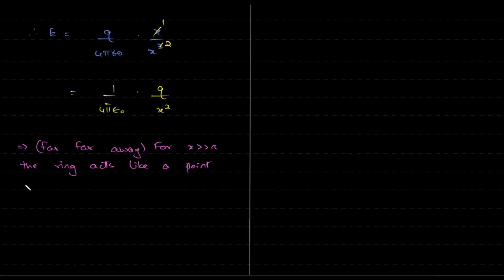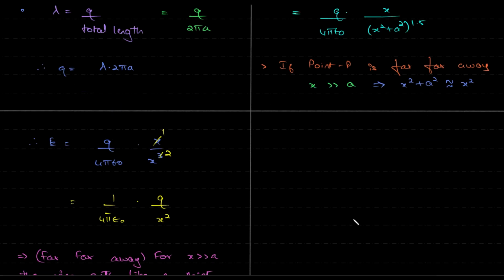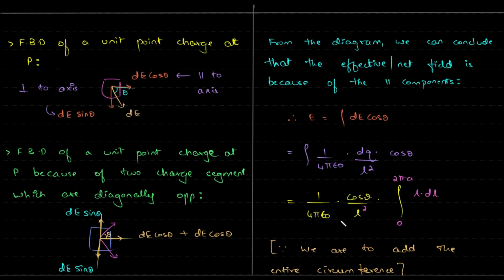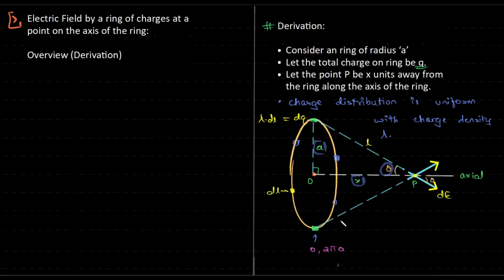Does it make sense? When you look at a ring very far away, what happens? It looks like a dot. Any circle, if you look at it very far away, looks like a dot, like stars. And mathematically we got that. That's the fun part about maths, you can understand nature with a bit of symbols and derivations.